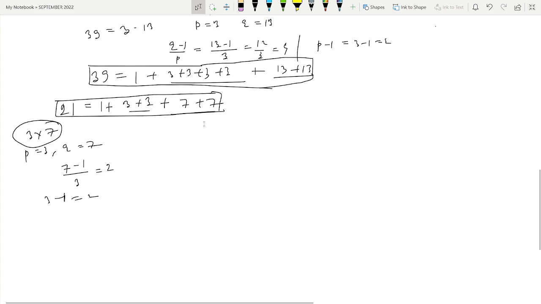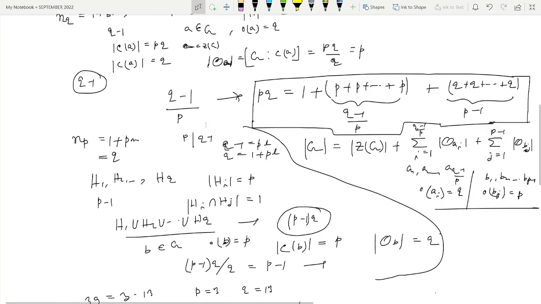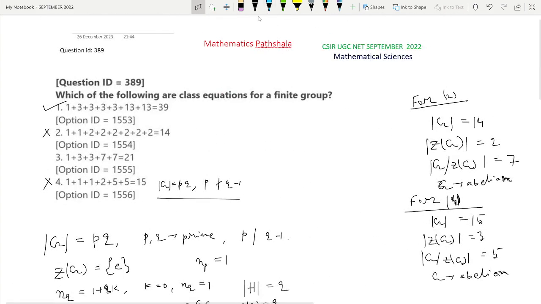So it can happen. And also it can happen that if we take Z21, the class equation will be 1 plus 1 plus 1, 21 times. But the question is which of the following are class equations for a finite group. So if we take a group of order 21 other than Z21, that is exactly one non-abelian group of order 21, then this will be the class equation of that group.